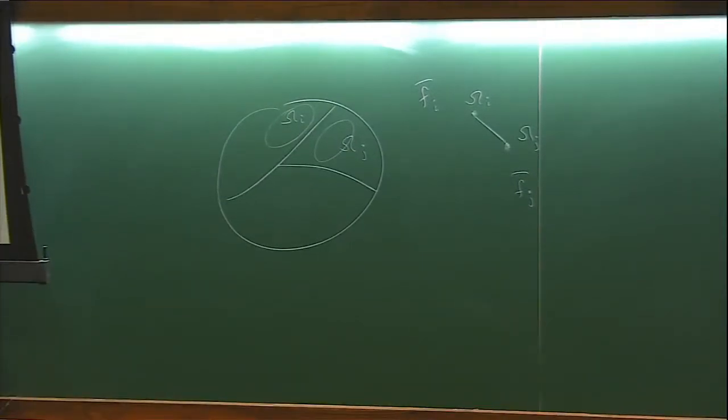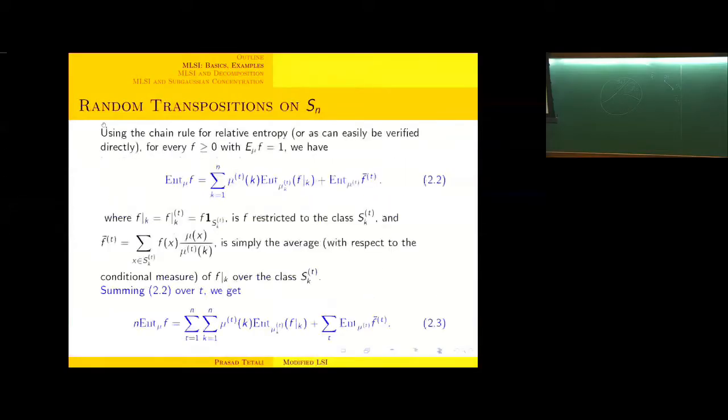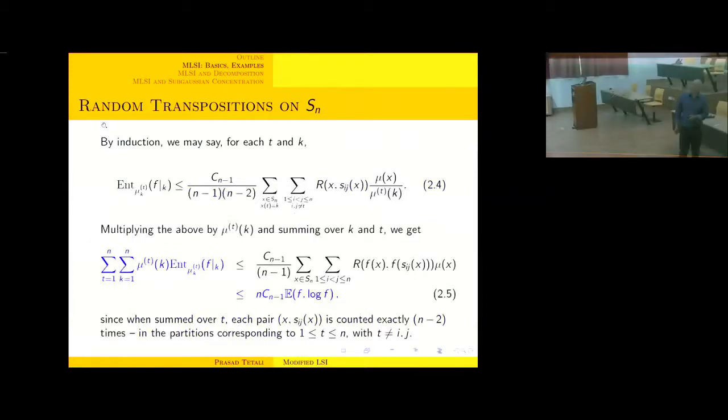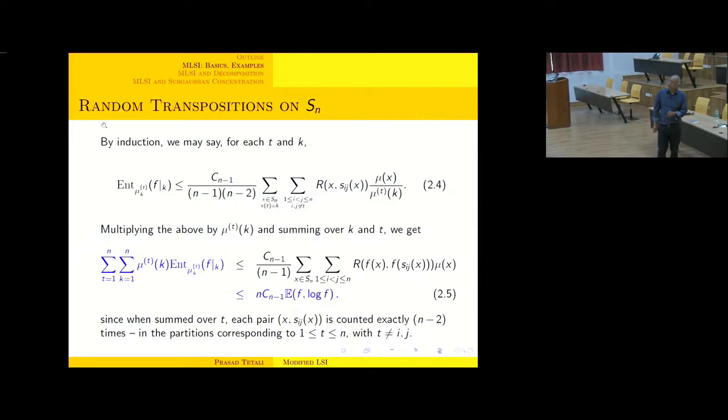In the case of this symmetry group and transpositions, there's a lot of structure. So in principle it should have been f of x, f of y, or log f of y, whatever. But I can write y as s_ij of x, because there's a perfect matching between these two.